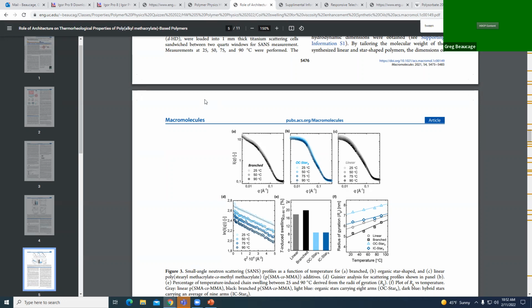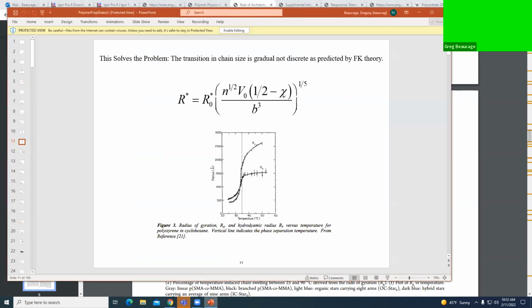Right. So this is the reason why you get this curve. In other words, this explains the curve perfectly, but it doesn't tell you what happens. Like, if the coil is expanded all the way through here, how can the size change?